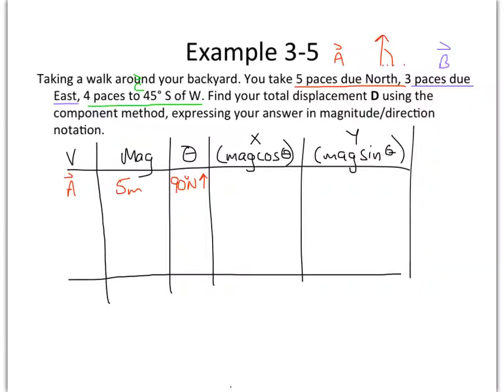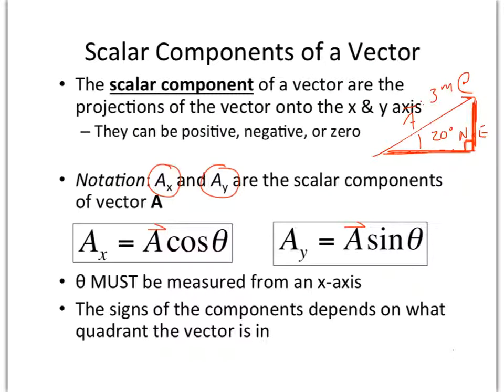And that kind of indicates the direction of this vector. And if you recall a second ago, that's the direction that I drew it in. Now what's this whole x equals mag cosine theta, or y equals mag sine theta? Well, remember that if we go back, and in fact I will go back a couple slides to, where is it, right here, finding out how to find, here we are. Remember this? We found the scalar components. What those x and y columns are is they are the x component and the y component of that vector.